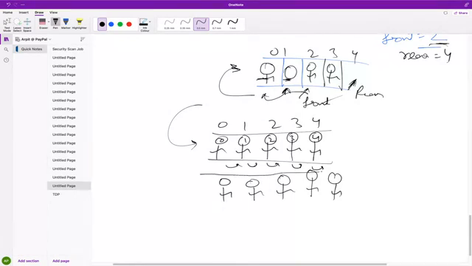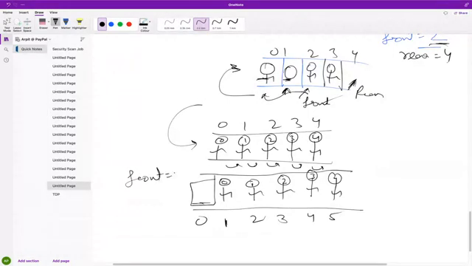Now this 0 will come at the 1 position, this 1 will come at the 2nd position, this 2 will come at the 3rd position, this 3 will come at the 4th position, and this 4 will come at the 5th position. Now we have one empty space. Whenever front is equal to 0, we always have to shift.